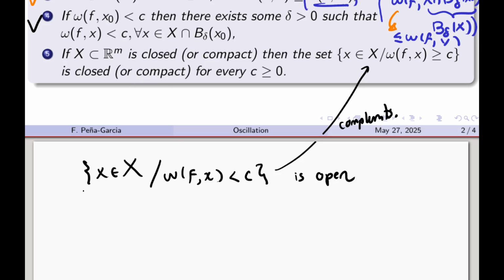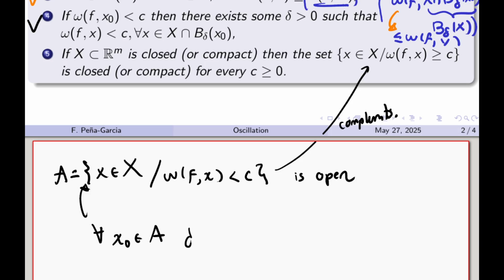And so why will this set be open? Well, because if you take any point, let's call this set A, so for any x node inside of A, we can always find some neighborhood. I wonder if that is possible. Can we find that neighborhood, and that ball that is inside of A?